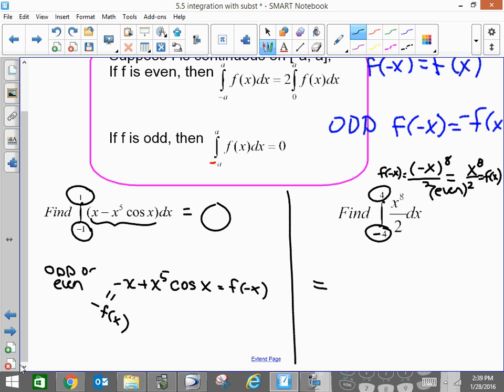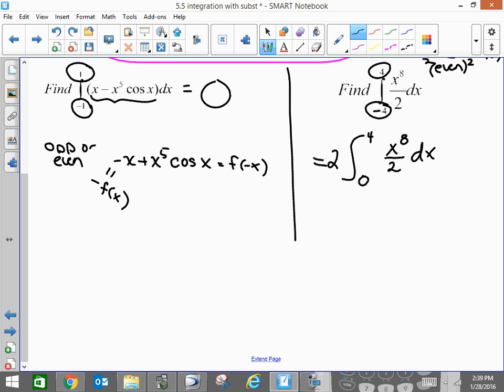If it's even, I have really 2 of the same thing. It's that symmetry that I'm using. And I'll show you the graph here in a minute. All right, so that means I can change this to 2 times the integral from 0 to 4 of x to the 8th over 2 dx. Okay, I'll show you the graph in a minute and pull that together.